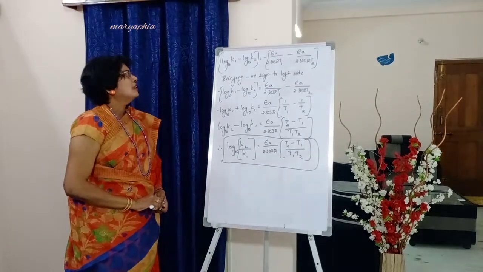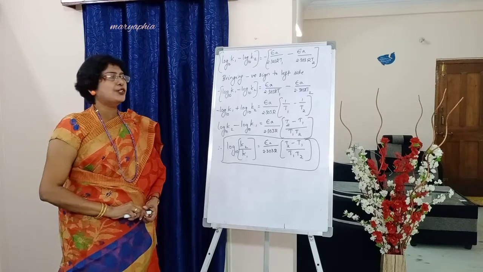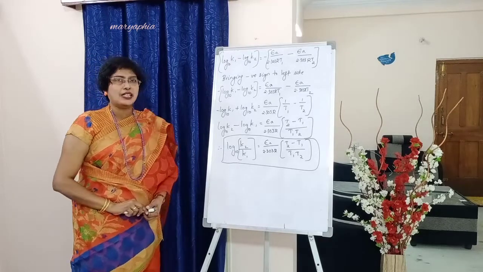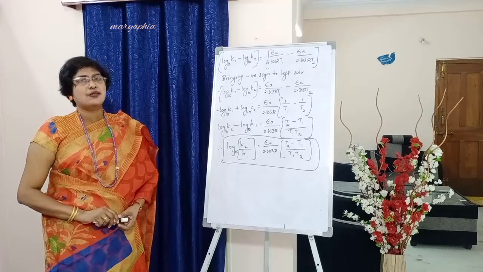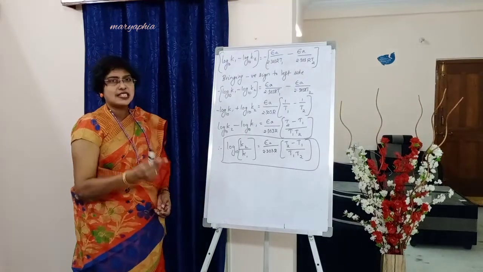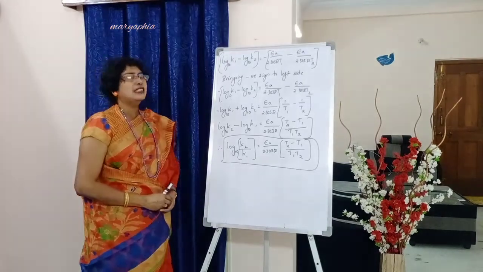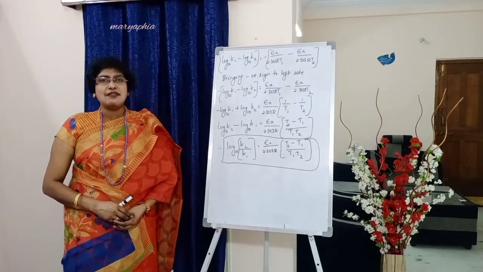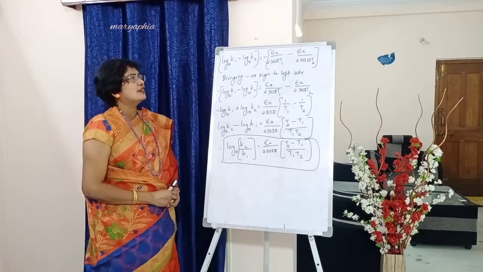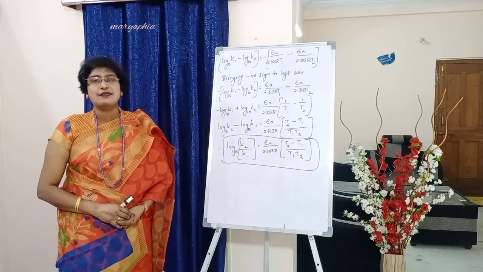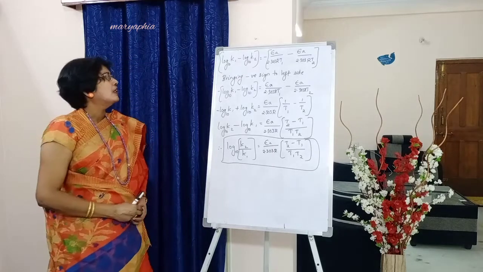Below write down: log of K1 base 10 minus log of K2 base 10 is equal to, we will put it in brackets, students, minus, written outside, inside the brackets EA by 2.303 R T1 minus EA by 2.303 R T2. If you open up the brackets, you should get the above step.